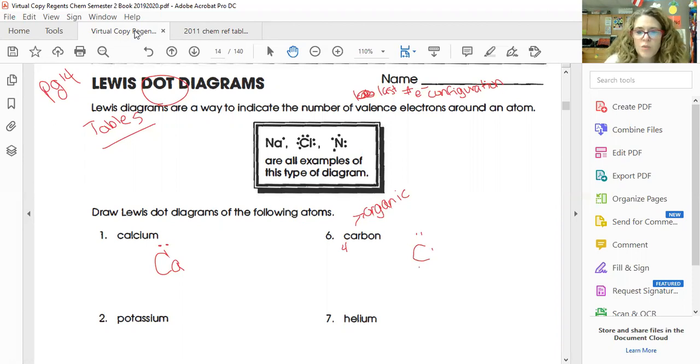Okay, so that's one way. Or, when we get to our organic unit, carbon really has these 4 valence electrons spread out to the 4 corners of a tetrahedron, which we'll look at later. So carbon can be written either way. This is the preferred organic chemistry way to draw carbon.